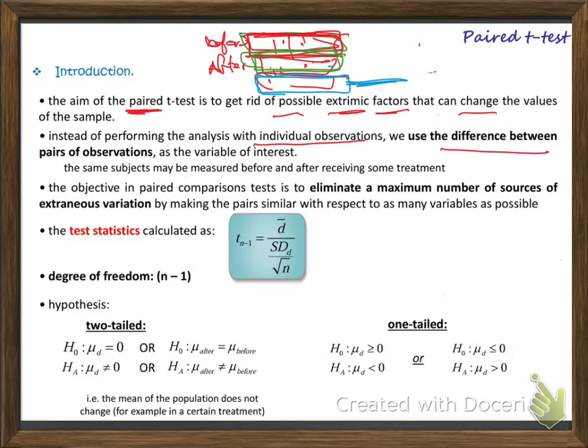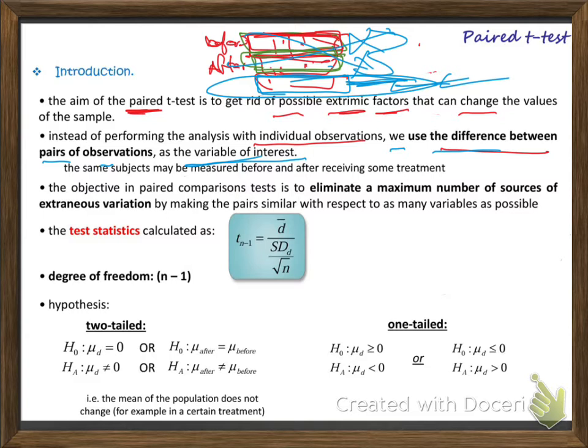Then I will stop dealing with before, I'll stop dealing with after, and I'll deal only with delta, the difference, okay? So we use the difference between the pair of observations as a new variable of interest. This will be my variable of interest, and I'll ignore the other two, okay?